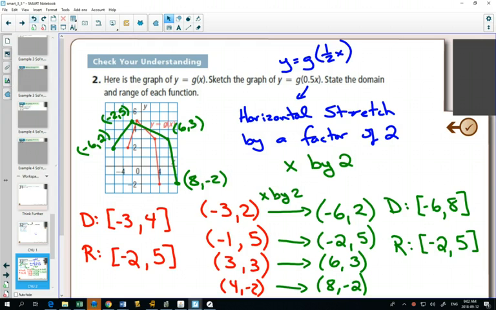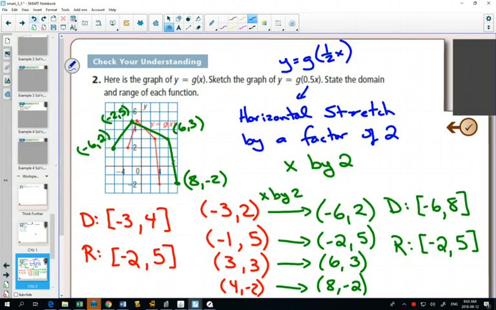Yes? I don't understand how you know if it's like compressing horizontally or vertically stretching. So the difference between something being horizontal or vertical for stretches is where the number is multiplied by. So in our example here, this was horizontal because the 1/2 was inside the function.